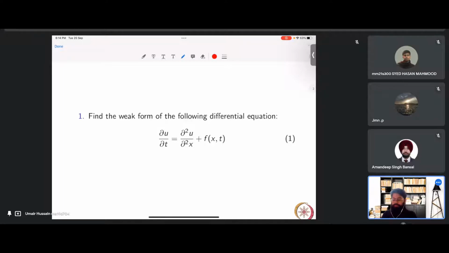If anyone wants to answer, they are welcome to unmute themselves and answer. All right, it seems we're not getting any answer. So the first thing we do is write the weighted residual statement.